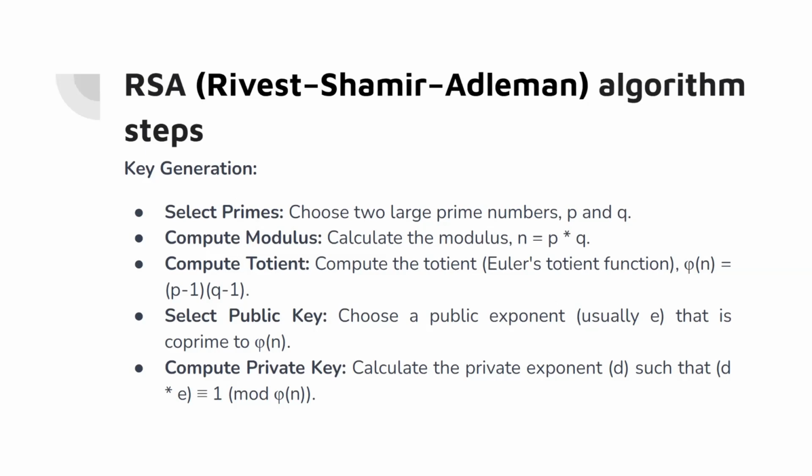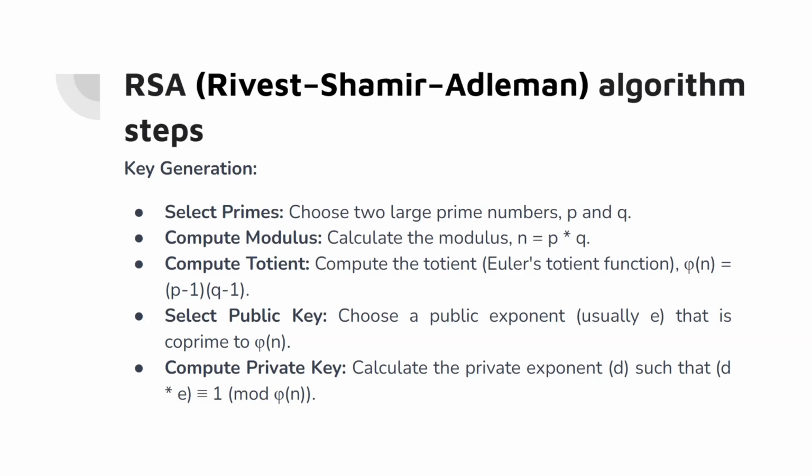RSA is a widely used public key crypto system for secure communication and digital signatures. The security is based on the difficulty of factoring the product of two large prime numbers. The public key is used for encryption, and the private key is used for decryption and digital signatures.